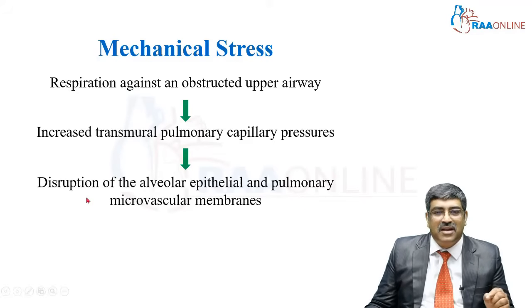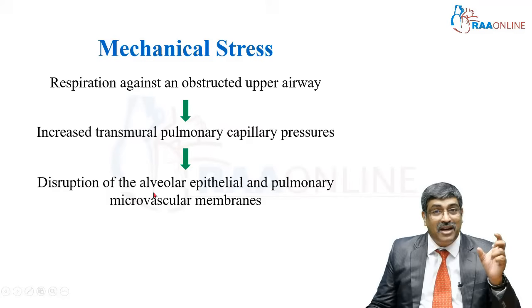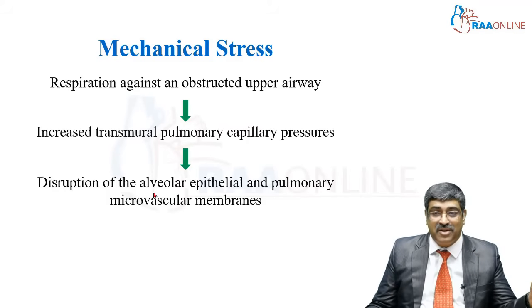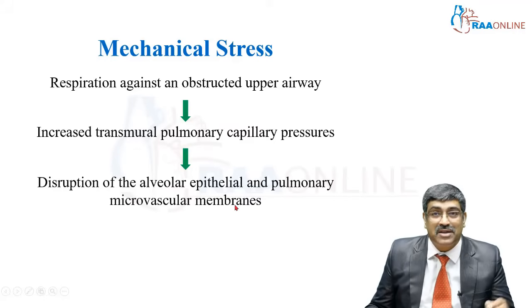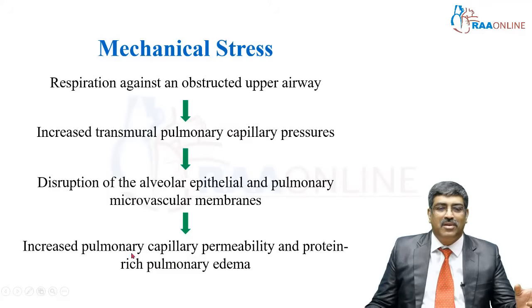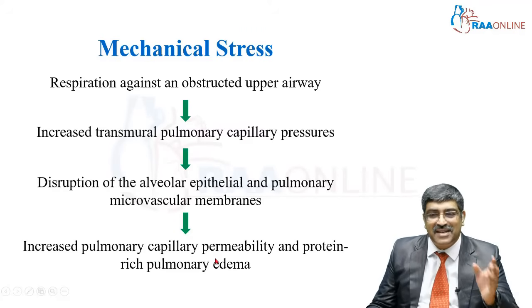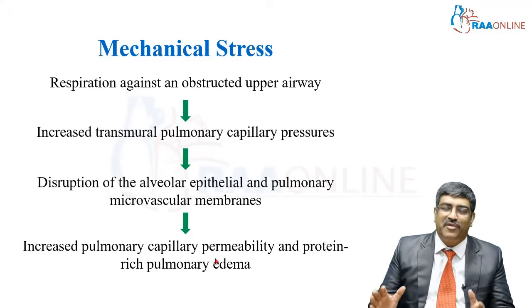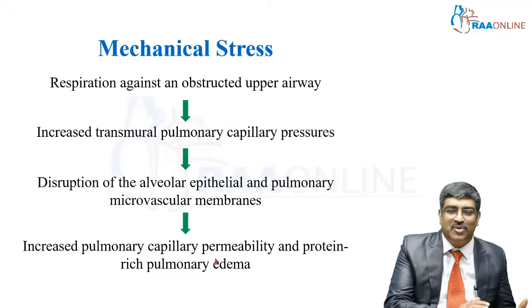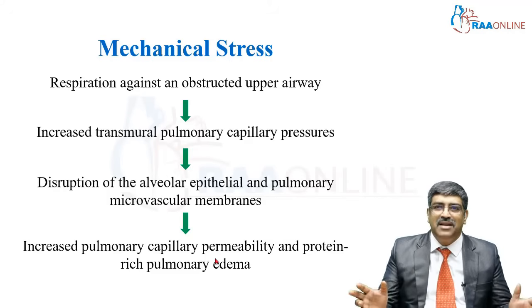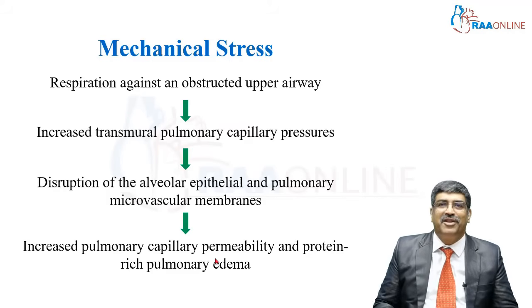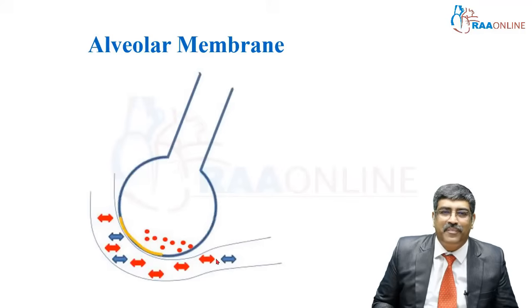This causes disruption of epithelial and endothelial surface, as I told earlier, and it alters the pulmonary microvascular membrane also. Now, the pulmonary capillary permeability is increased and protein-rich fluid from the pulmonary capillaries goes into the alveoli. This is the second theory of development of negative pressure pulmonary edema.